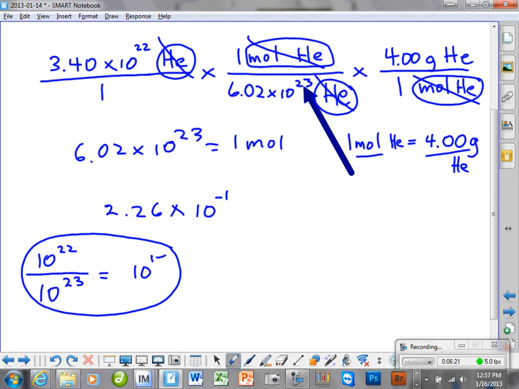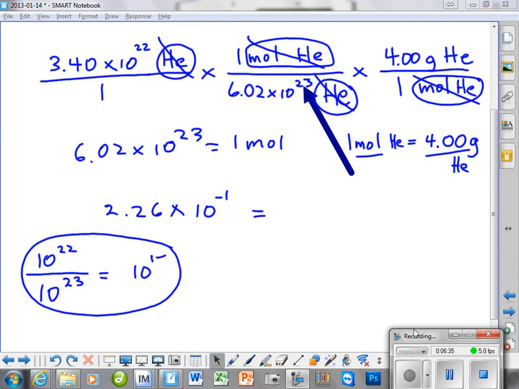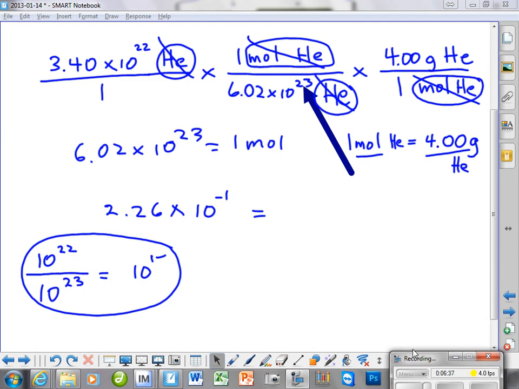The number is in scientific notation. So we could leave it like it is, or we could just write it. Oh, wait a second, I moved that here. So yes, indeed, we just leave that there in scientific notation, or we could actually write the number, if we so desire, as 0.226 and leave out this power of 10.